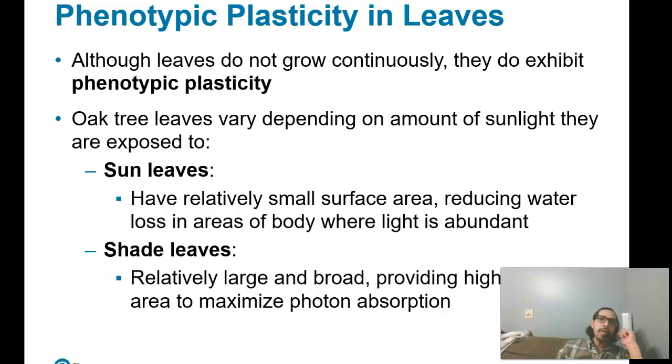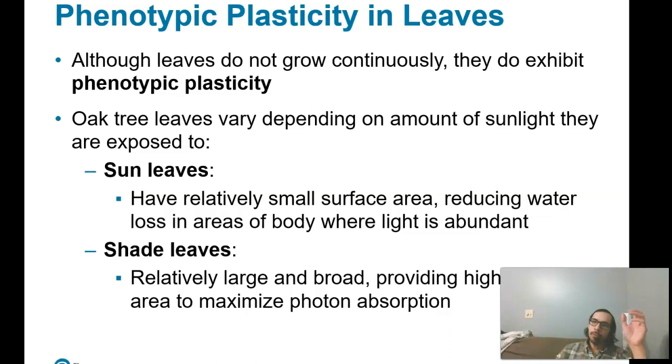So although leaves do not grow continuously, they do exhibit phenotypic plasticity. For instance, an oak tree has leaves, and depending on the amount of sunlight that they're exposed to, they will have different leaves. So sun leaves will have a relatively small surface area.